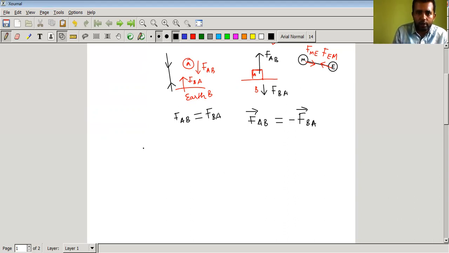So let us rephrase the thing properly. According to Newton's third law, if there is an object A, to every action there is an equal and opposite reaction, and action and reaction act on different bodies.